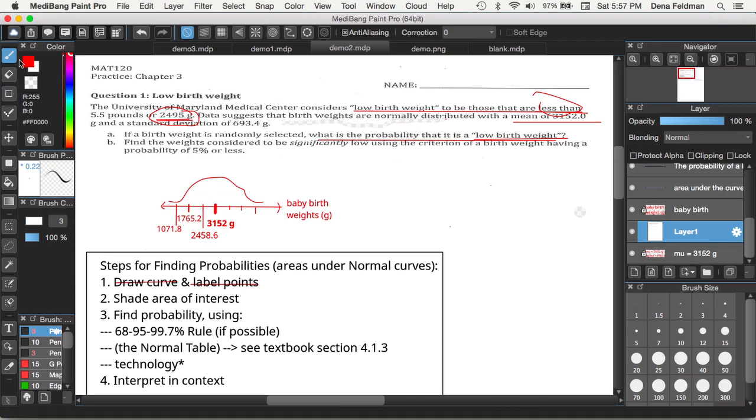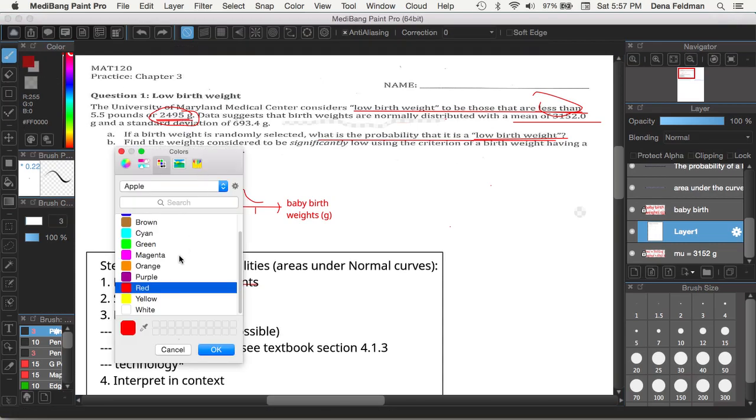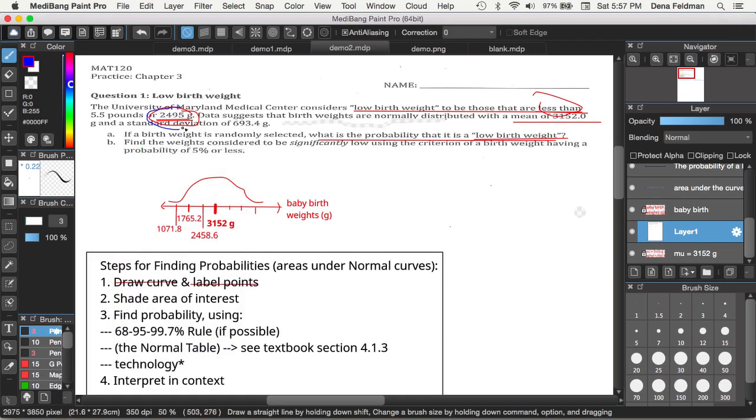So, since it has to do with this 2,495 grams, I'm also going to need to display this number along the line, the spectrum of all the possible baby birth weights. I'm going to want to know where that number falls. So where is it along here? If this is the smallest amount that a baby would weigh and there's a biggest number, where would we expect to see a baby that weighs 2,495 grams?